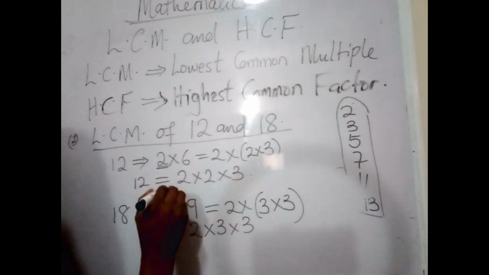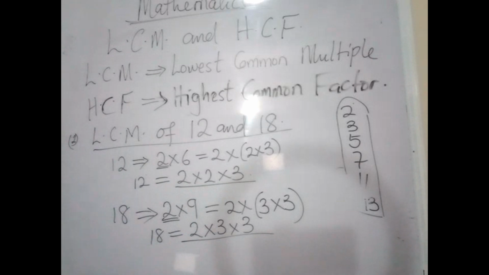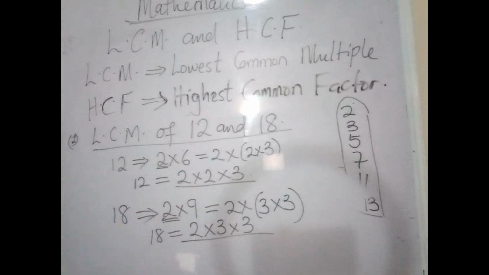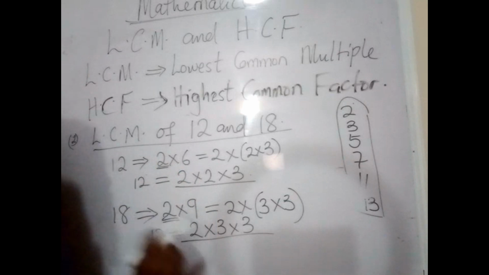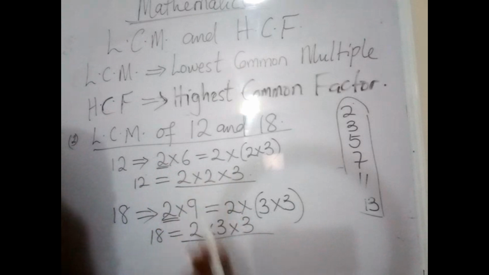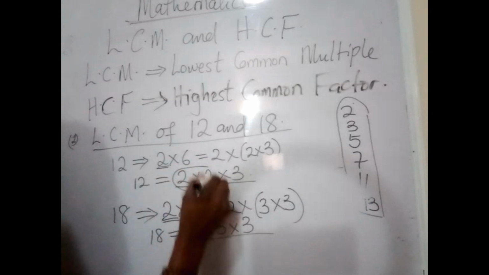Okay, so now that we have these numbers, we are going to use the highest power of each prime factorization to get our LCM, the highest power. Now let's look at this. Here we have 2 in 2 places, but here we have 2 in just one place. So we're going to pick these 2.